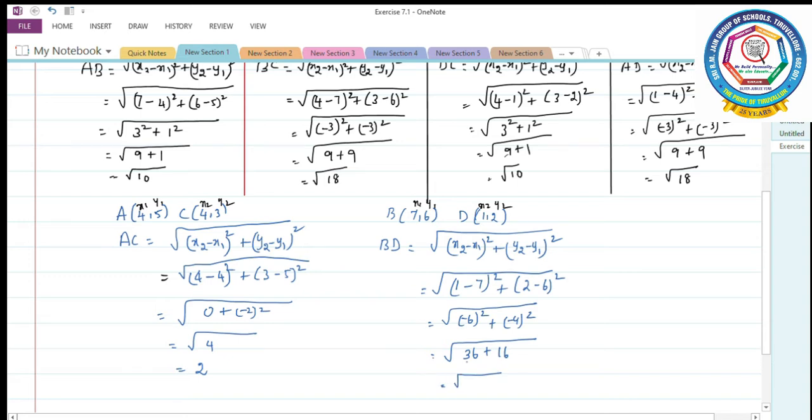So square root of 36 plus 16, that is equal to 52.